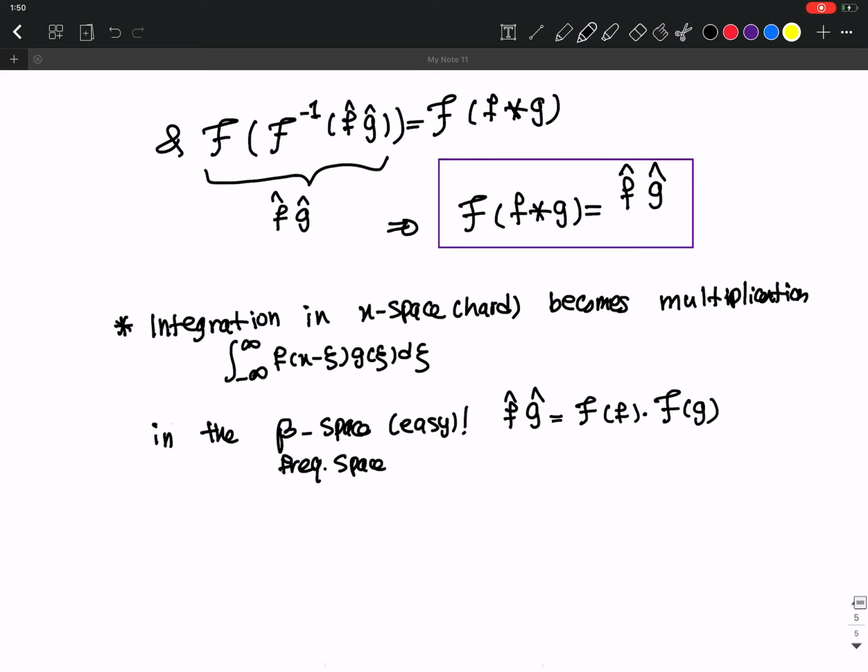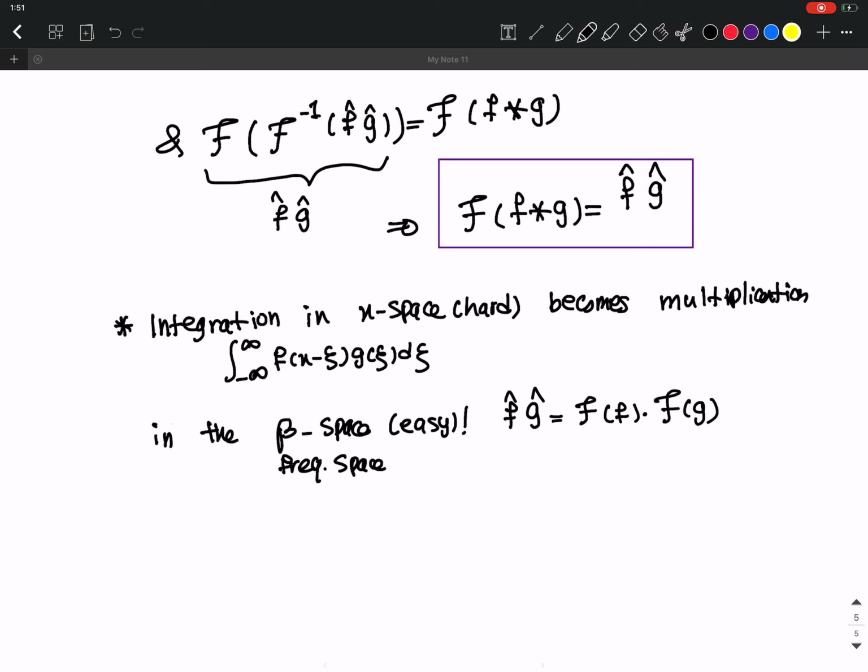And there is another thing here. This is just going to make it easier, but in some cases, if you have, for example, two functions that are multiplied by each other in the regular space, those two functions become a convolution.